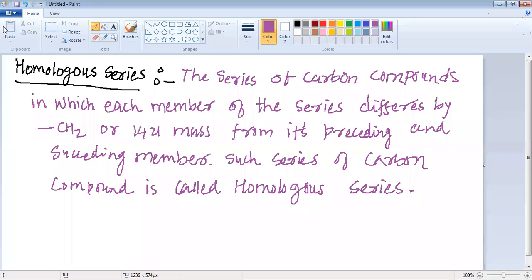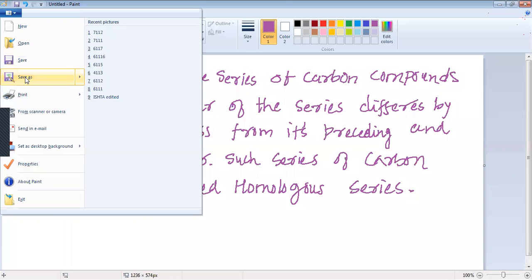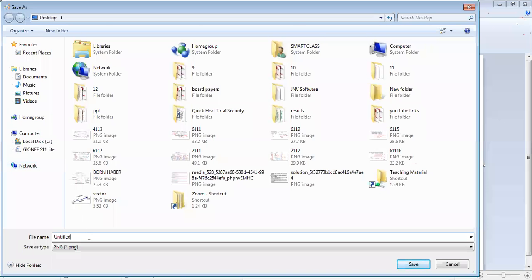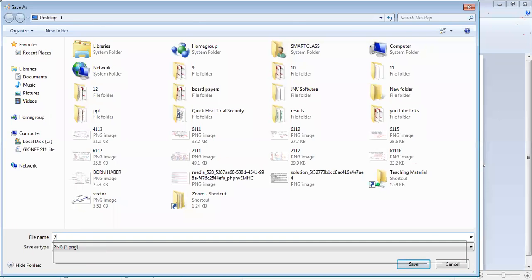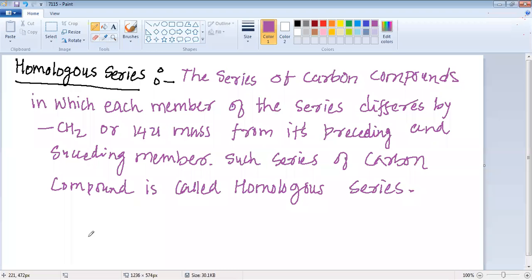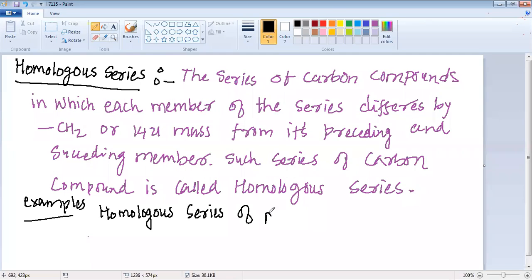So this was the definition, a very important definition for you students to study, which is about the homologous series, my dear students. And please learn this definition. Please note it down and learn it well in your notebooks. Please learn the definition of the homologous series. We have already seen the homologous series, so we can write the examples as the examples are homologous series of alkanes.